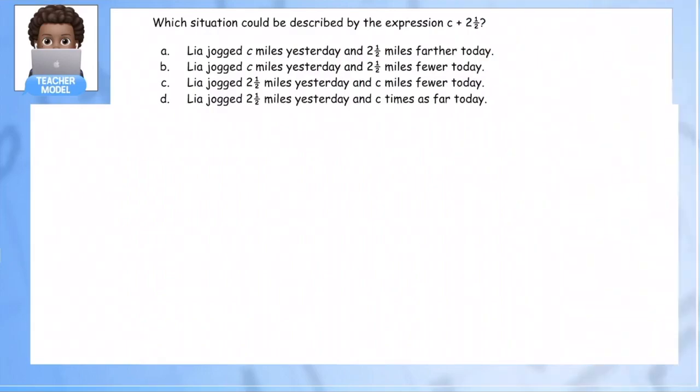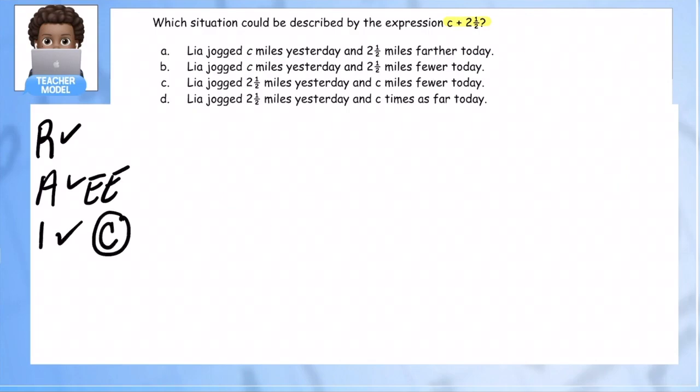Okay, let's look at this problem over here. It's multiple choice, so we're going to start by reading together. Which situation can be described by the expression c plus 2.5? This is absolutely an EE problem. And our key information is we have some unknown c, and it's going to be increased by 2.5.